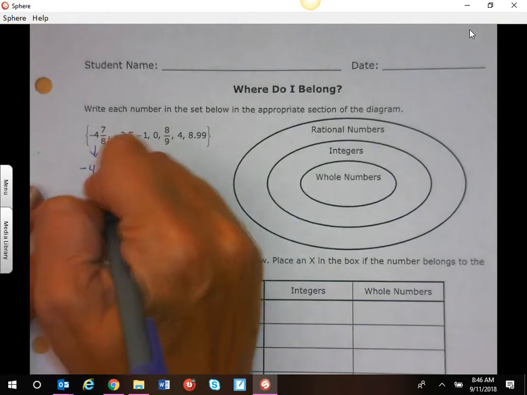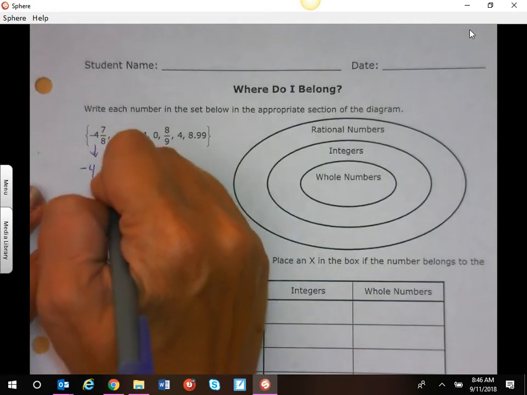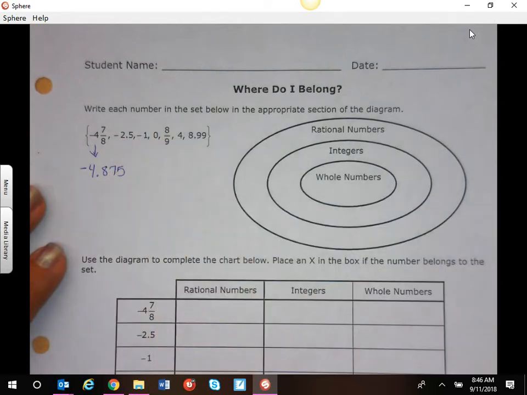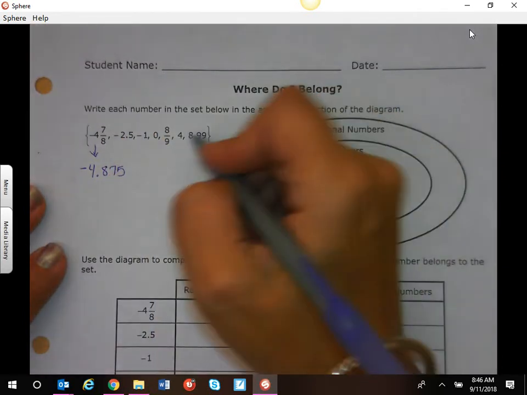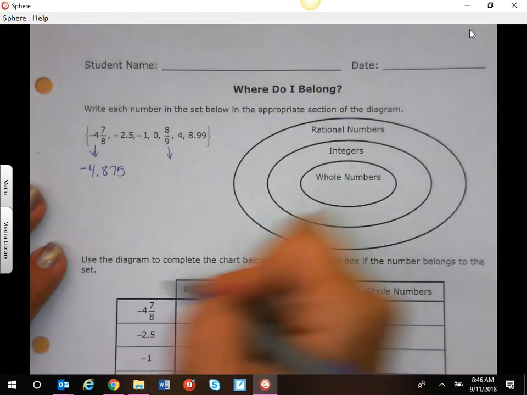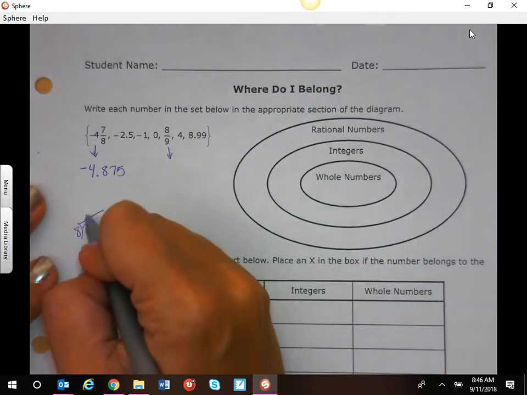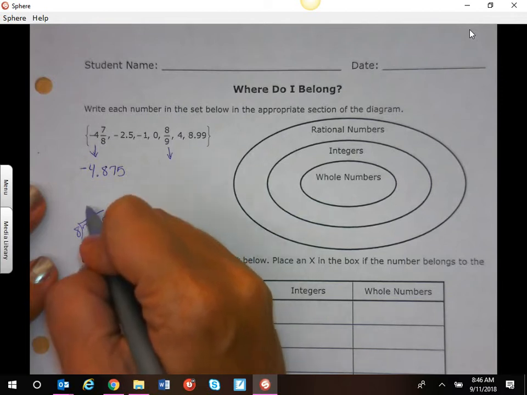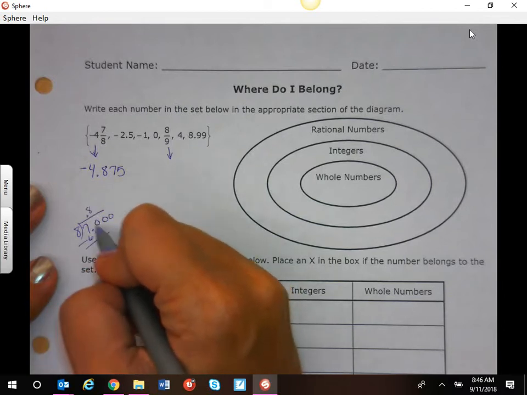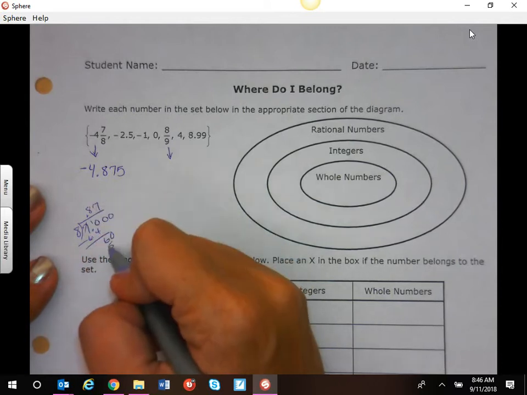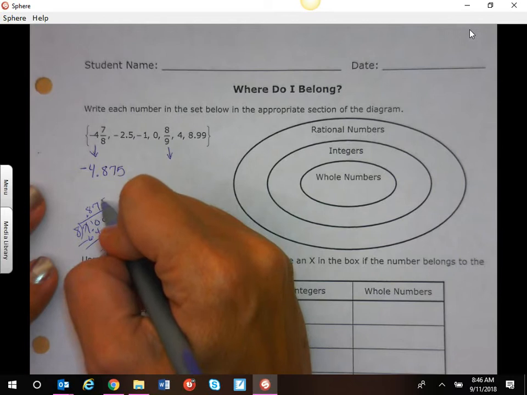This is -4.875, I believe. It's been a while. And remember, when you do that, you can do your cowboy horse if you don't remember. Right? So 64, 6, 0, 7, 56. That's where that came from.